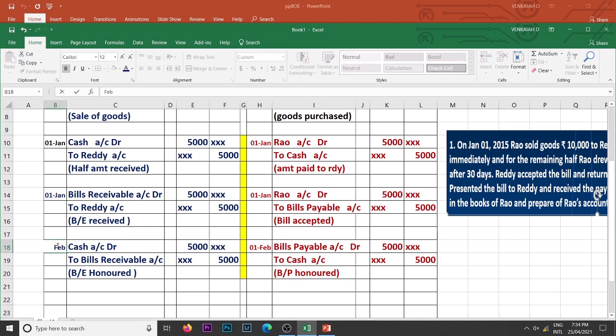journal entries for the transactions appearing in the books of drawer and drawee. In this problem, two parties are there. Who are they? Drawer and drawee. Rao is the drawer, and Reddy is the drawee. Why are we calling them drawer and drawee? Rao sold goods to Reddy. Reddy has to give 10,000 rupees.